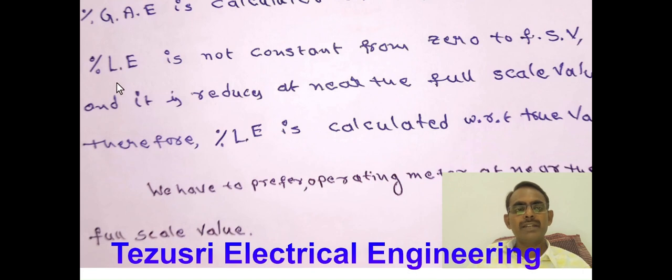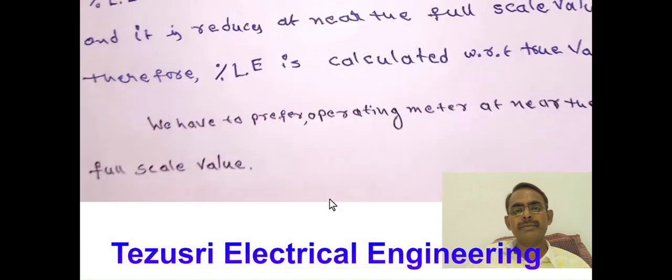The percentage of limiting error is not constant from 0 to full scale value because it is specified in terms of true value, and it is reduced near the full scale value. We have to operate meters near the full scale value because the percentage of limiting error reduces there.